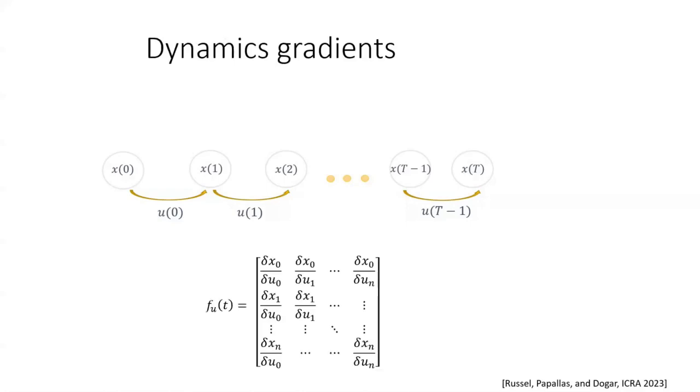For example, you need, at a certain time step, right? So this is a certain time step, and you need to compute such matrices at each different time step. But for a given time step, you need to compute a matrix like this, which basically looks at, okay, how a certain system variable is changing with respect to a certain control.